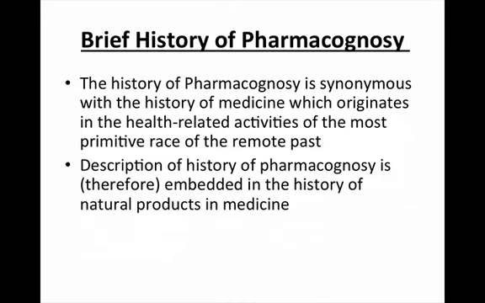After looking at uses of natural products, let us move on to the other objective, which is a brief history of pharmacognosy. The history of pharmacognosy is synonymous with the history of medicine, which originates in the health-related activities of the most primitive race of the remote past. So the history of pharmacognosy is synonymous, that means it is similar to the history of medicine, which originates in the health-related activities of primitive races in the remote past.